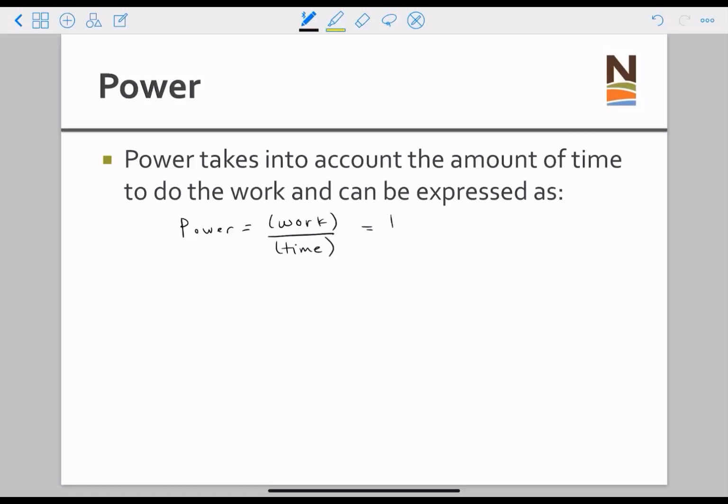So work, remember, is a force times a distance, and time, of course, t. So this can also be shown as force times distance over time. And what's distance over time? That is force times a velocity. So a simple equation, easy to forget this one, but can be very helpful in some cases.